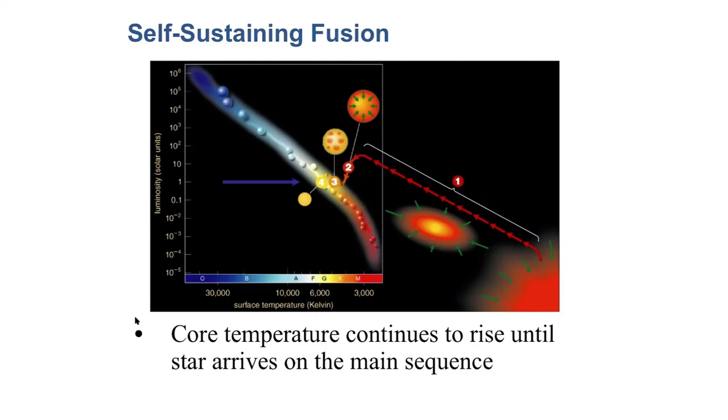The important thing is the star will continue to contract, and that gravitational potential energy will be converted more and more into thermal energy. The density and the pressures and the temperatures at the center of the sun will go up and up and up until it's hot enough that the fusion reactions can take place in a consistent and equilibrium way.